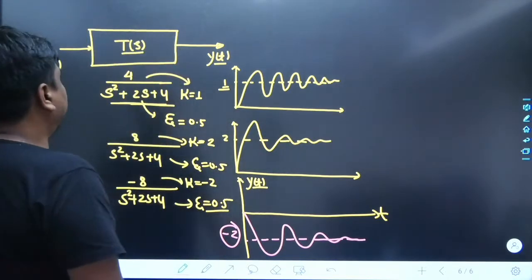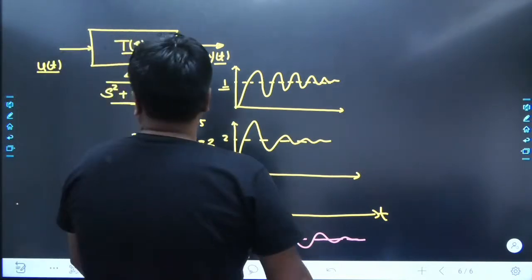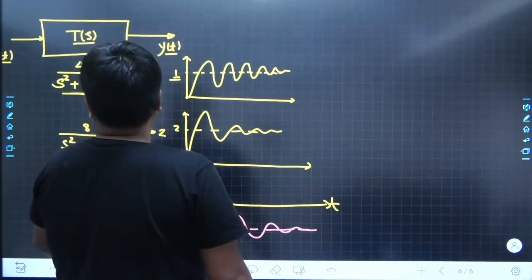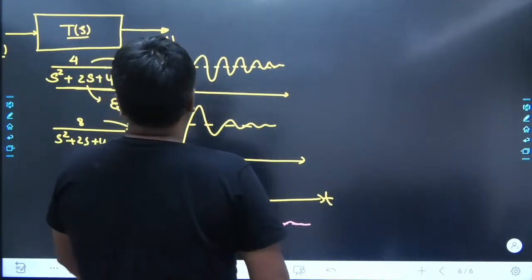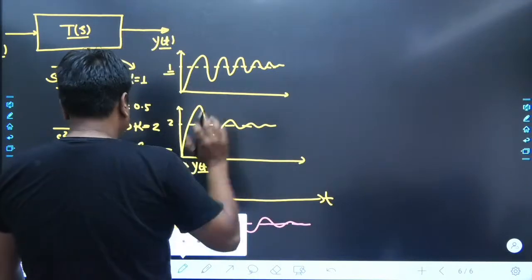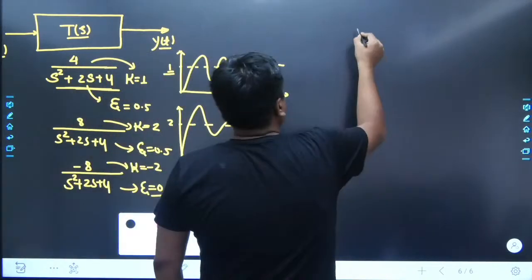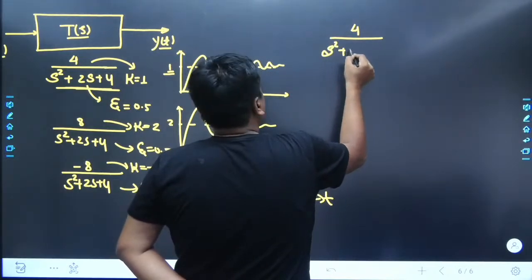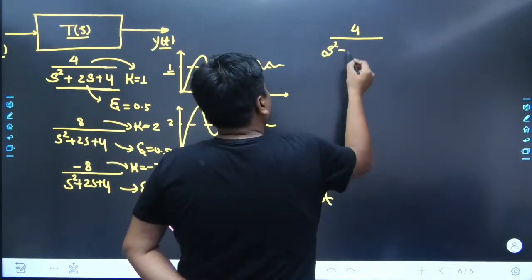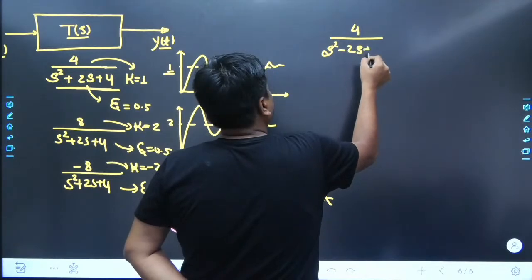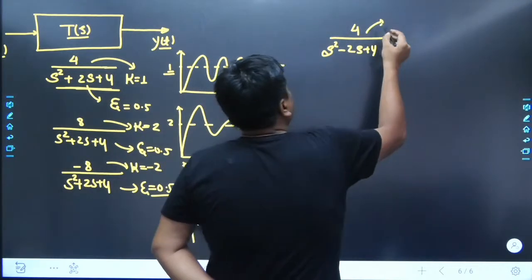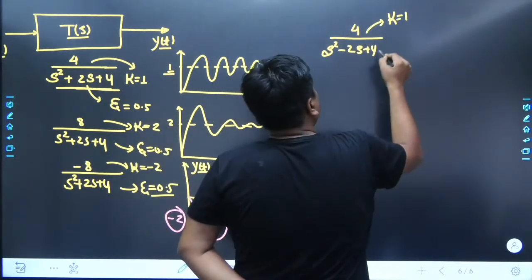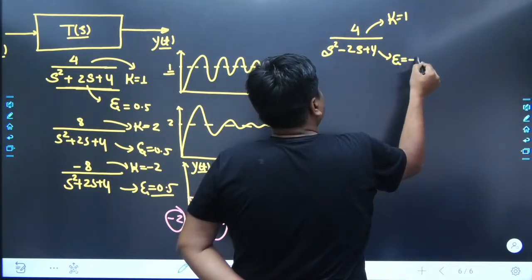Agreed? Now deliberately, let me change the transfer function of the system a bit. The input is still u of t, but the transfer function has been changed. It is 4 over s square, minus 2s plus 4, having minus rather than plus. Here the value of k is 1, and the value of zeta is minus 0.5.